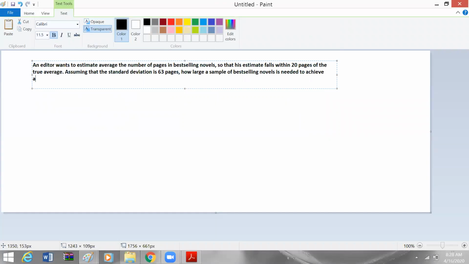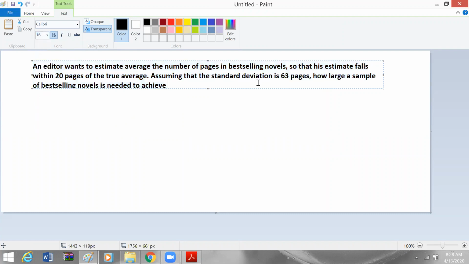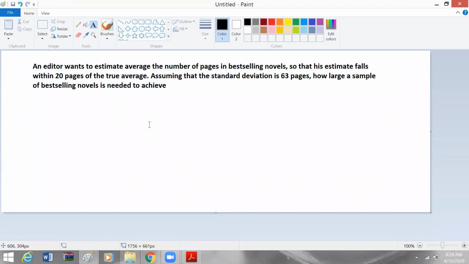Okay, so this is what the question looks like. Let me make it a little bigger, and we're going to highlight the key parts. So what is the keyword here?